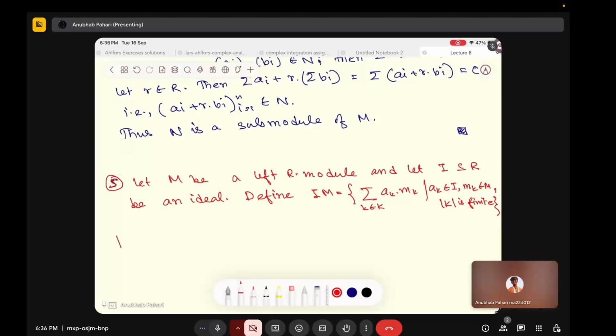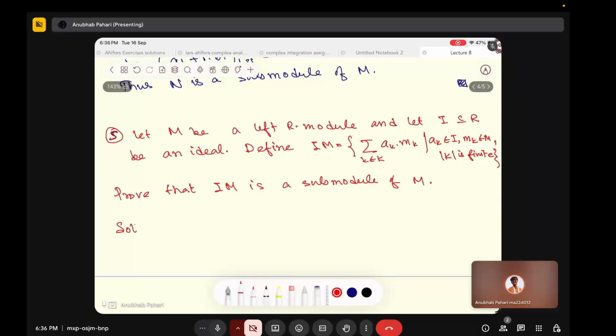Prove that IM is a submodule of M. So again you should try this first and then we will be doing its solution.